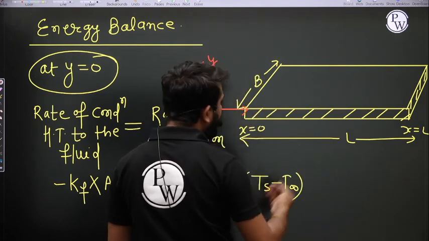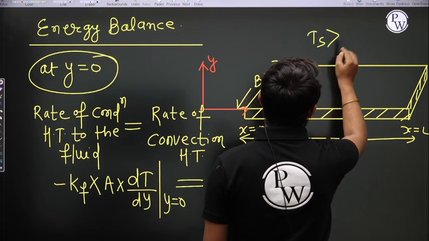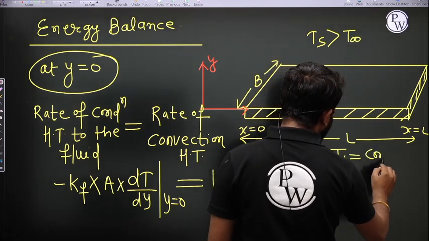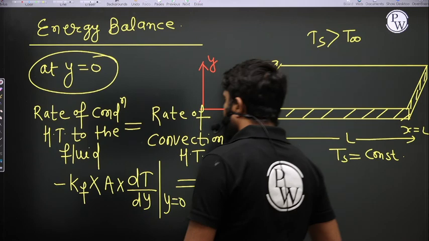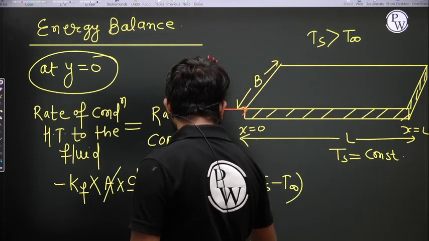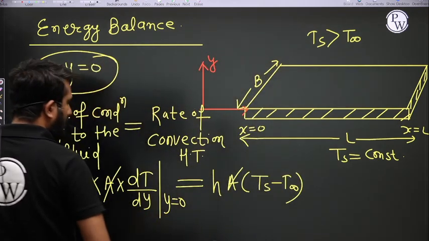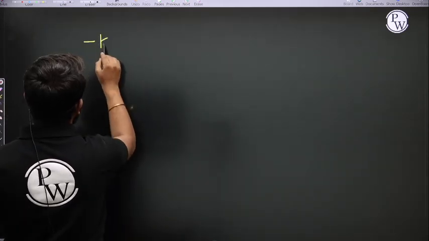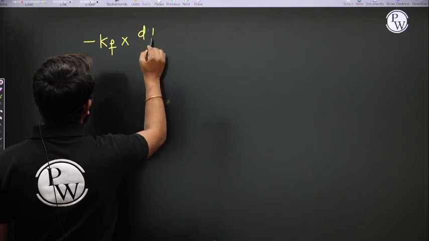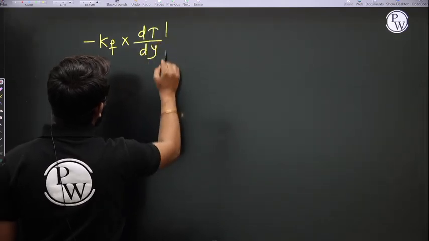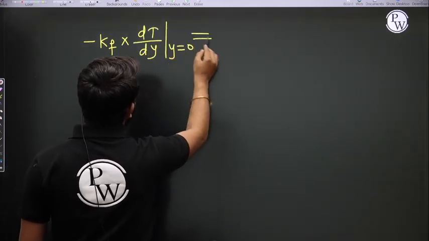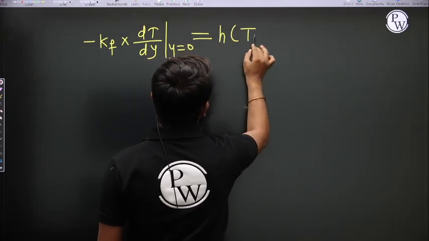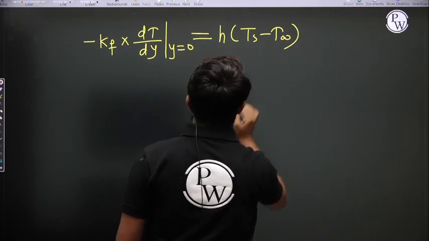And I'm assuming here Ts is greater than T infinity, and this Ts is not a function of x, that means Ts is constant. Okay, so this A you can easily eliminate, right? So ultimately what you are getting is minus k_f dT/dy at y equals 0 is equal to h into Ts minus T infinity, right?